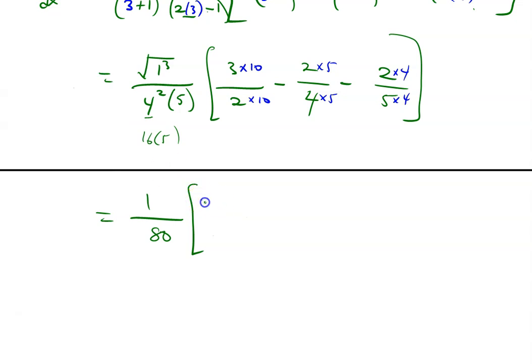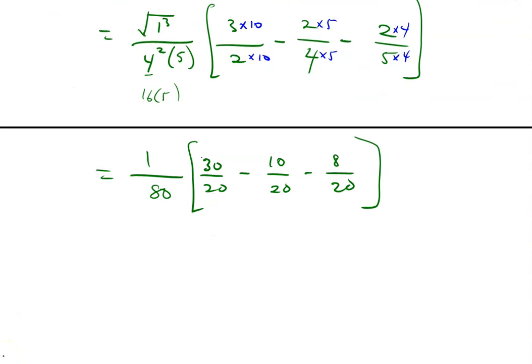Very good. So I'm going to get 30 on 20 minus 10 on 20 minus 8 on 20. With further simplification, I'm going to get 1 on 80 all on, 30 minus 10 is 20, and 20 minus 8 gives 12.